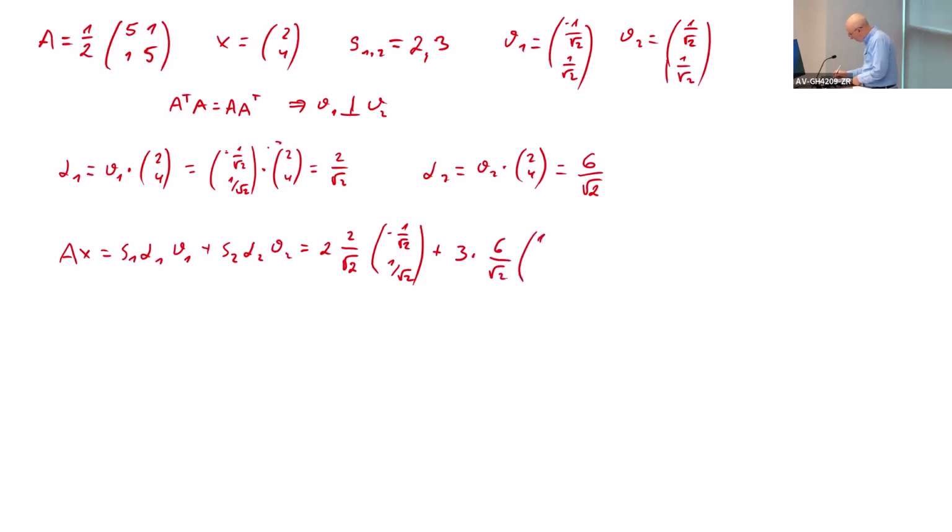Complicated, but just technical. Eventually you'll get (7, 11). And if you multiply matrix A by that vector directly, you get the same result.